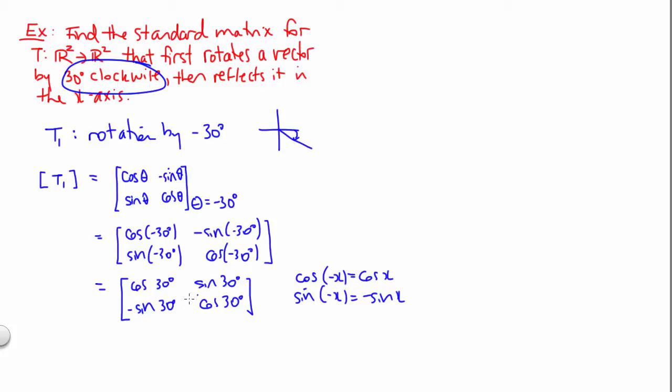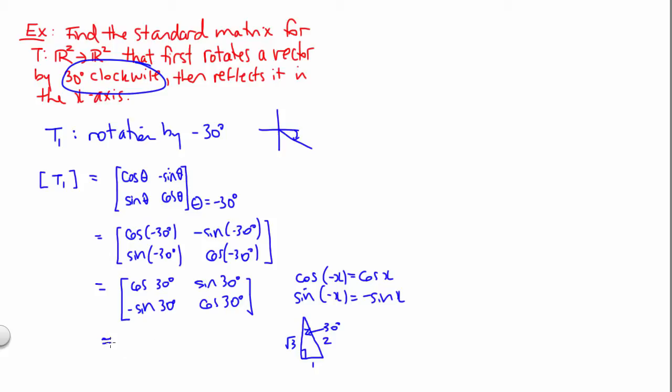Last thing we could do to make this a little bit more specific is just evaluate these trig functions. So over on the side, if we want, we could draw our special triangle. Let's say this is our 30, 60, 90 triangle with our 30 degree angle right up at the top here. Side lengths would be 1, root 3, and 2.